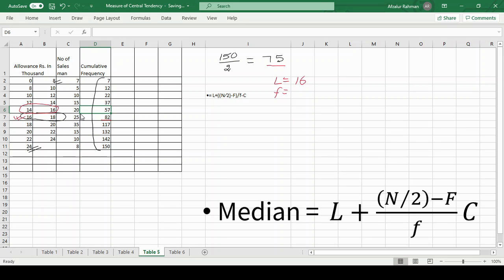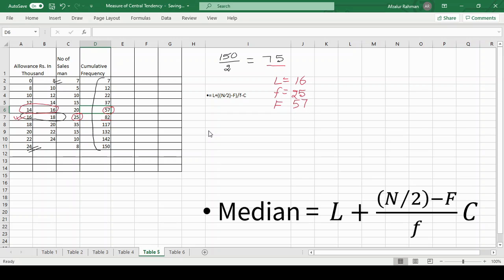What is the frequency? 25. So f is 25. Then next is capital F, the cumulative frequency of the previous class. Here is the cumulative frequency; this is capital F, which is 57.